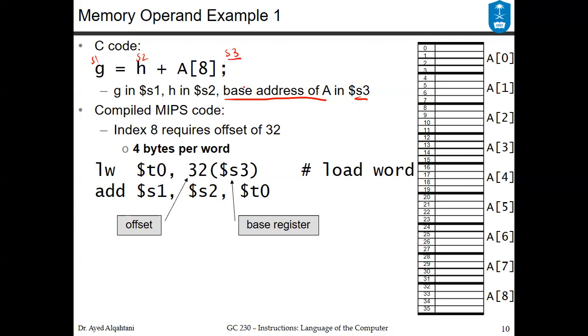The addressing mode in MIPS, when you are dealing with memory, has a base address and also an offset or displacement. So if you know that the base address of A is in S3, if you want A0, you will add S3 to the number 0. If you want A4, you should add the base S3 to the number 16, and so on.